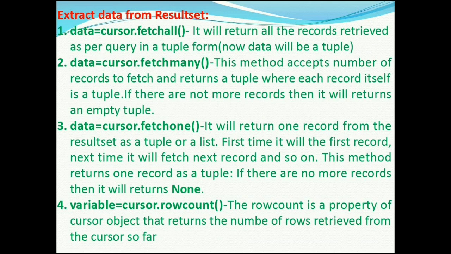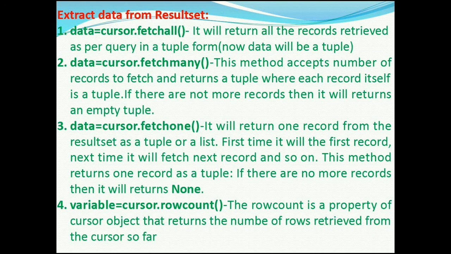Once the result of the query is available in the form of a result set stored in a cursor object, now we can extract data from the result set using the fetch methods. Fetchall will return all the records retrieved as per the query in a tuple form.